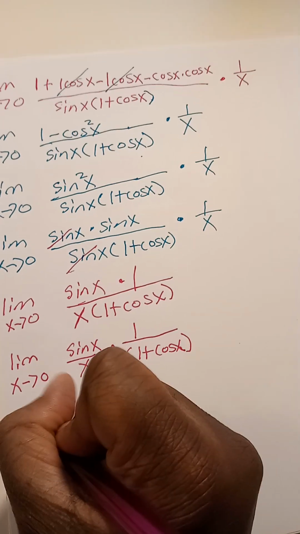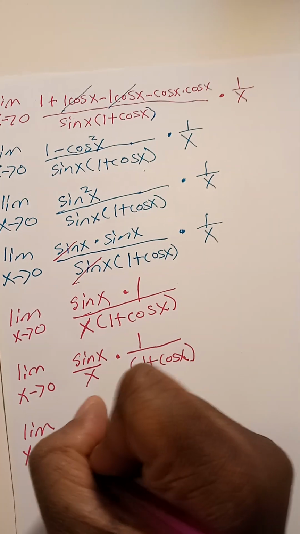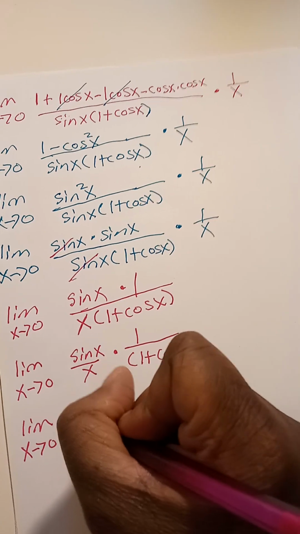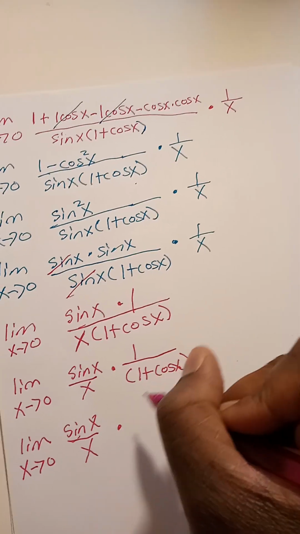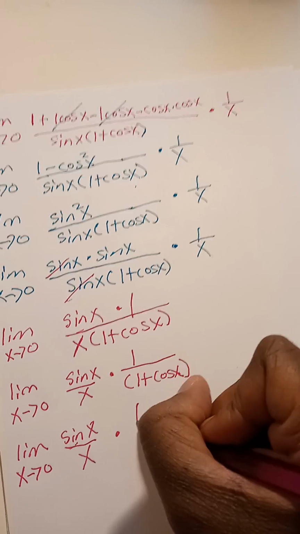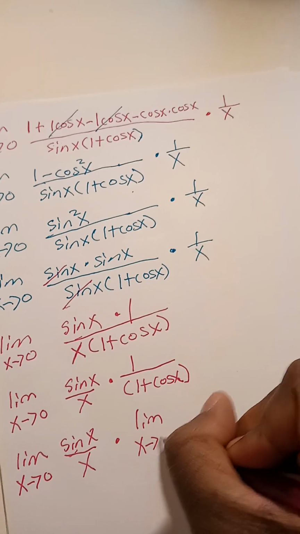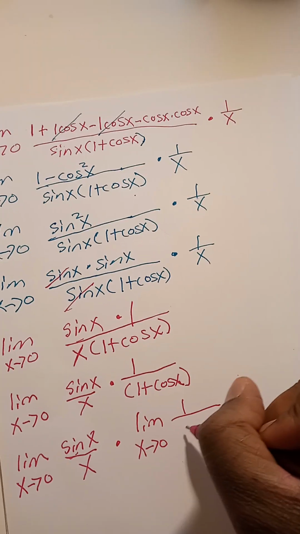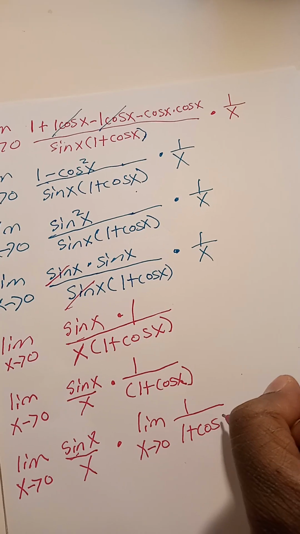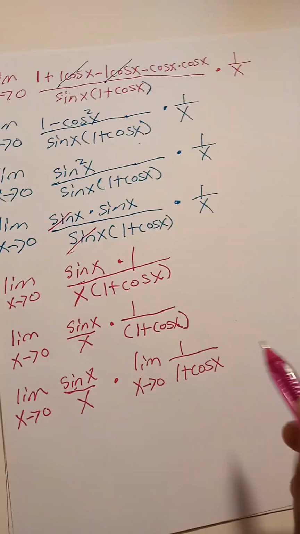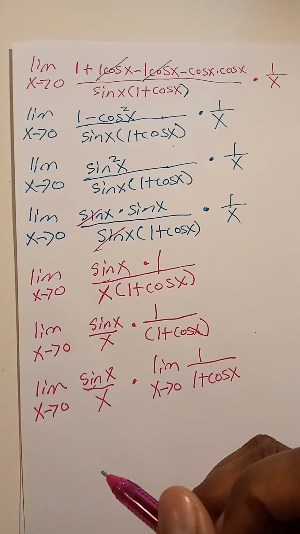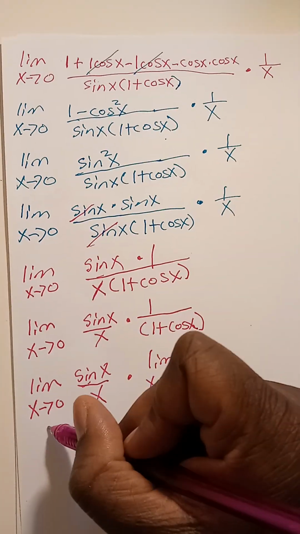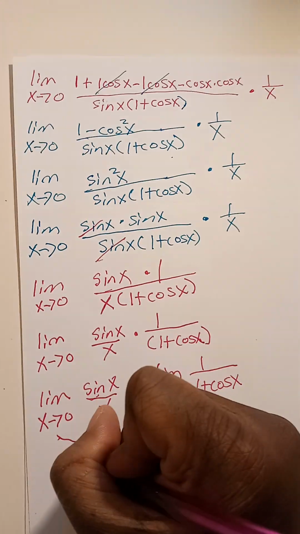So now I could say the limit as x goes to 0 of sine x divided by x, times the limit as x goes to 0 of 1 divided by 1 plus cosine of x. And we know that this special case limit of sine x divided by x is equivalent to 1. So let's put that there so we know it's 1.